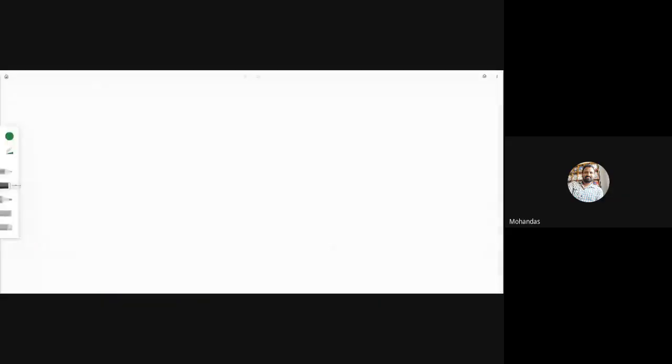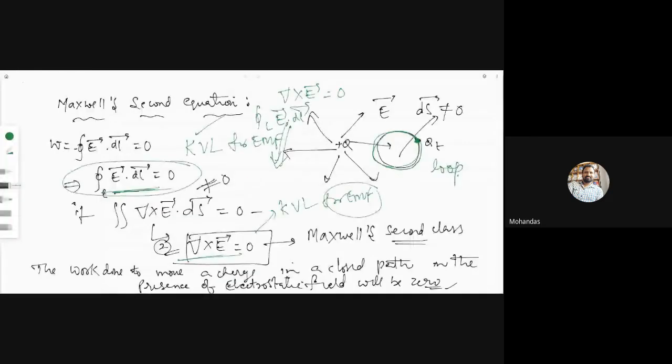To make electric potential they have introduced. Losses at minimum.